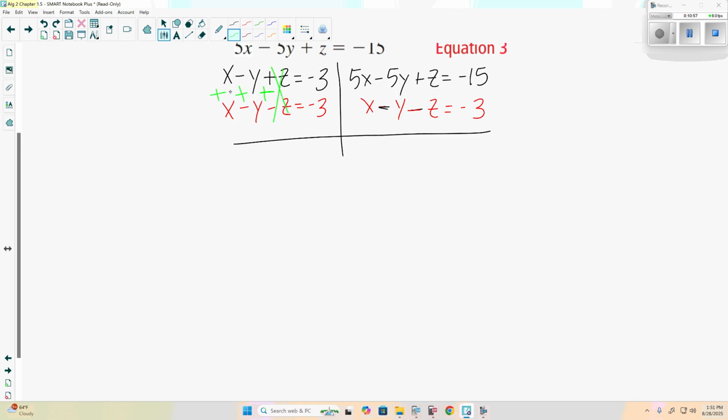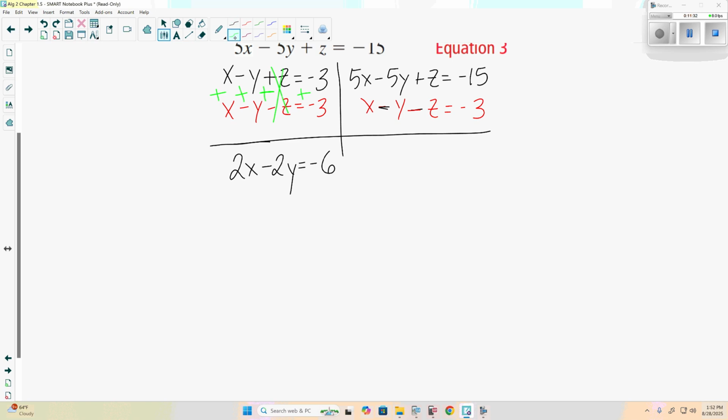So we're going to add x plus x, 2x, yes? Negative y plus negative y, negative 2y. Negative 3 plus negative 3 is negative 6. So we have 2x minus 2y equals negative 6.